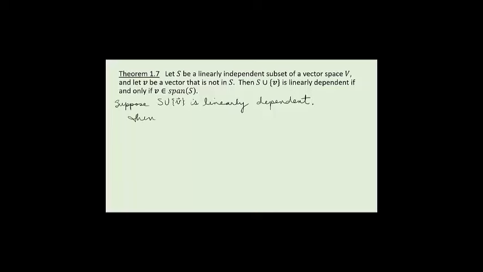Then there exist vectors v sub i in this set S union {v}, a finite number of them, let's say n of them, such that there exist scalars a1 through an and a1 v1 plus a2 v2 plus up to an vn equals 0, and not all of the a sub i's are equal to 0. Not all. Some of them are not 0.